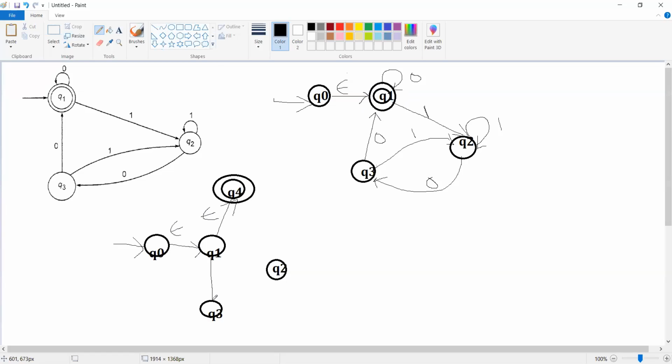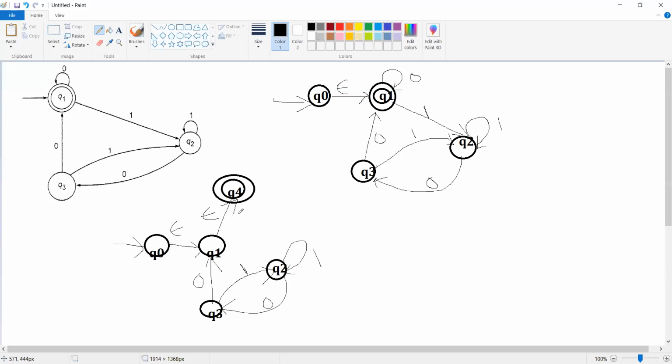Then from Q3 to Q1, we have a transition on 0, and Q3 to Q2, we have a transition on 1. Then Q2 to Q3, we have a transition on 0, and Q2 to Q2, we have a transition on 1.